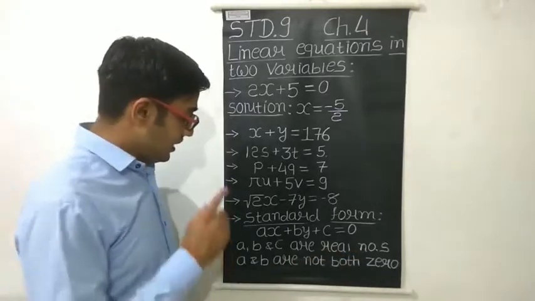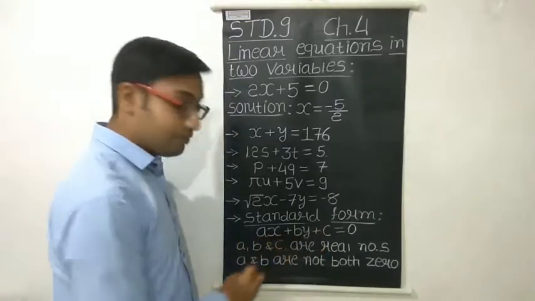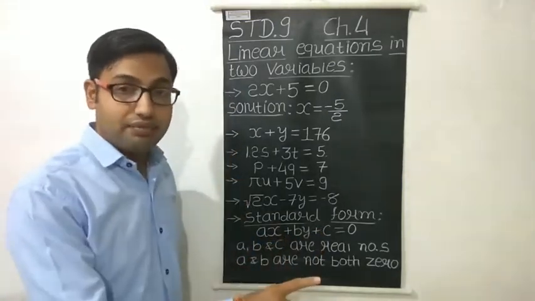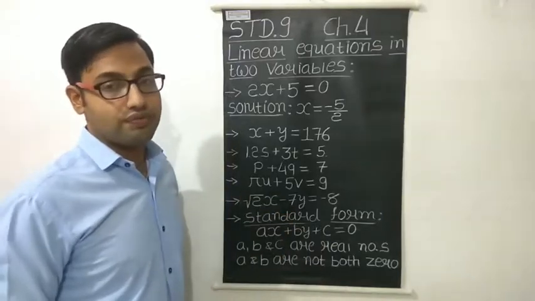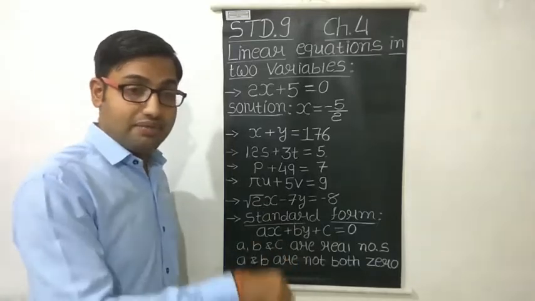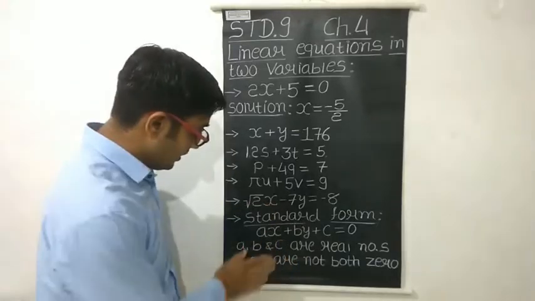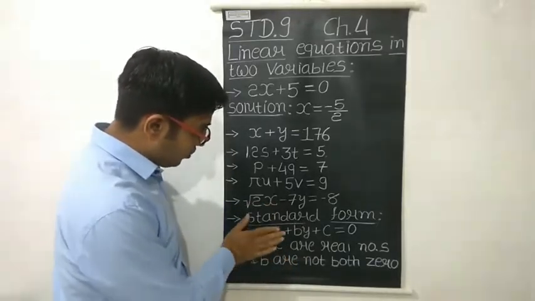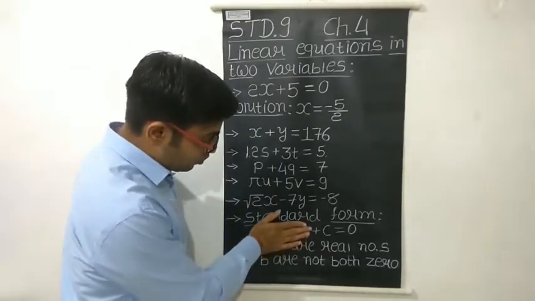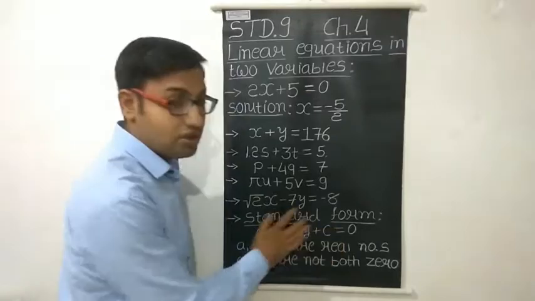In this equation, a and b both at the same time should not be equal to 0. What will happen if both a and b become 0 at the same time? As a becomes 0, this term becomes 0. If b is also 0, these two terms total 0. Only the constant will remain.